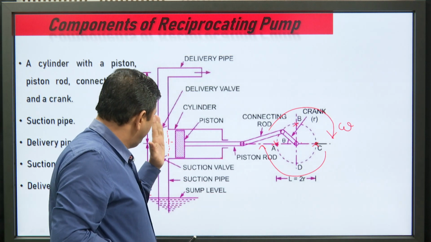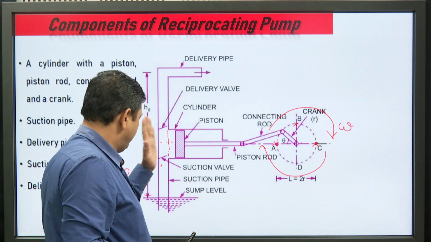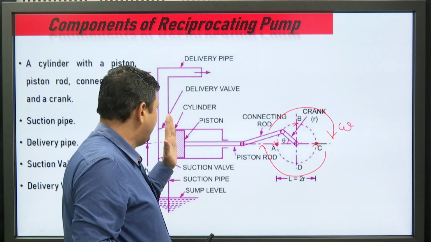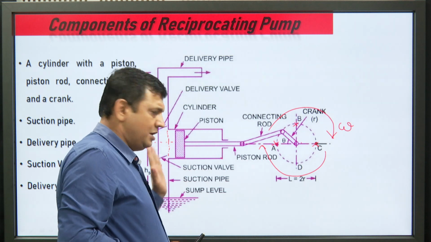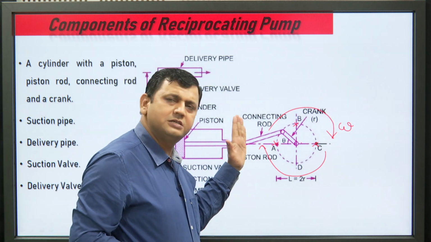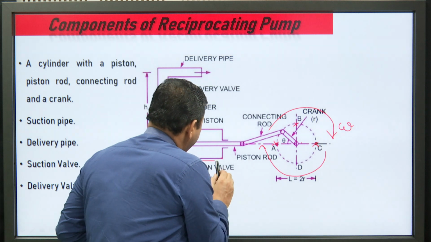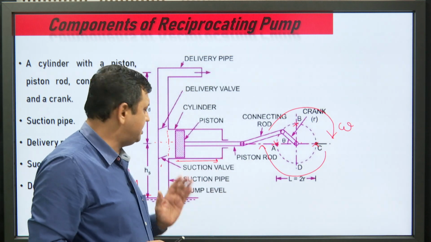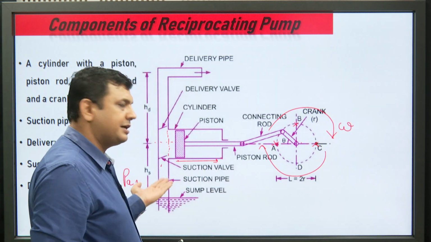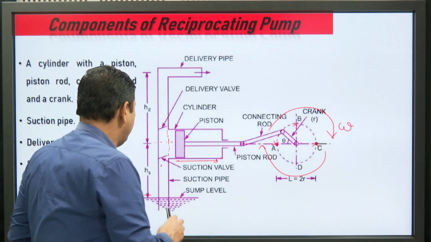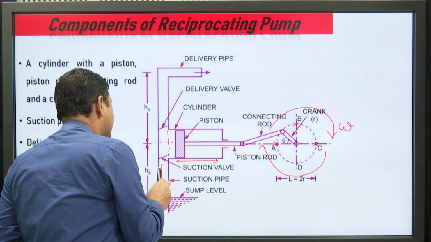So, when the piston is at the leftmost position, 0, and it moves like this, it is the suction stroke. At the suction stroke, lifting of the water takes place.